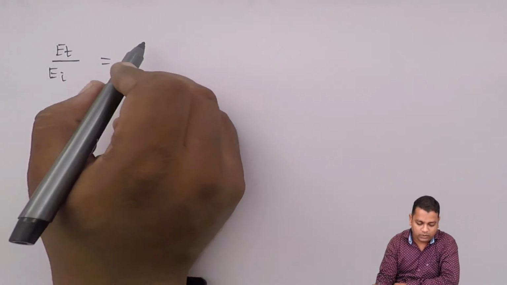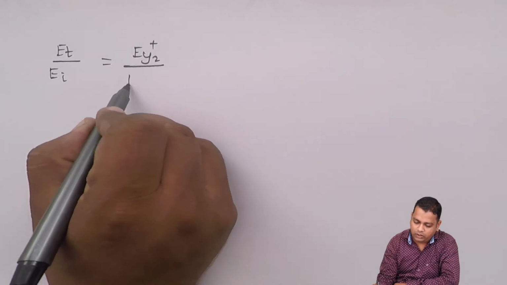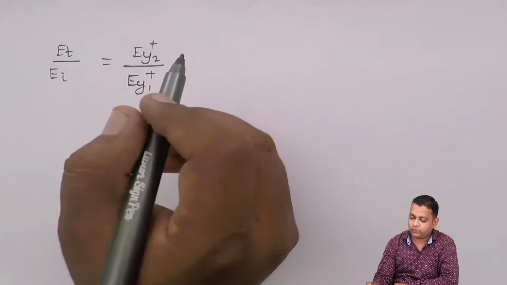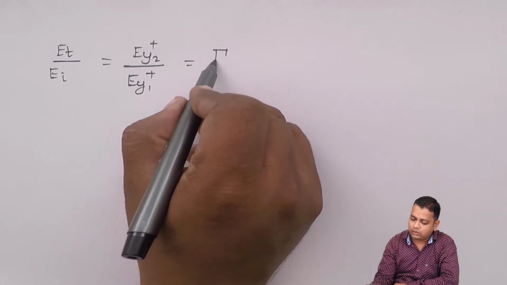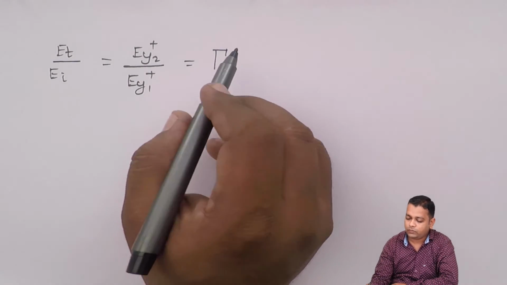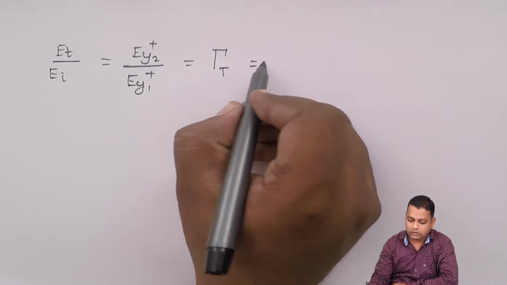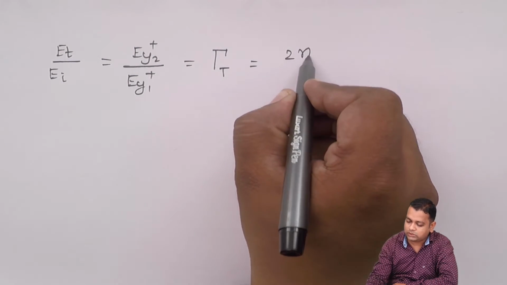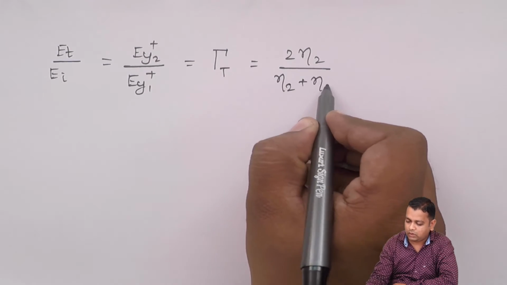Here in this problem, it is EY2 positive divided by EY1 positive. Both have the same direction. It is denoted by tau or again capital gamma, with the suffix capital T for transmission. In terms of intrinsic impedances, it is twice eta 2 divided by eta 2 plus eta 1.